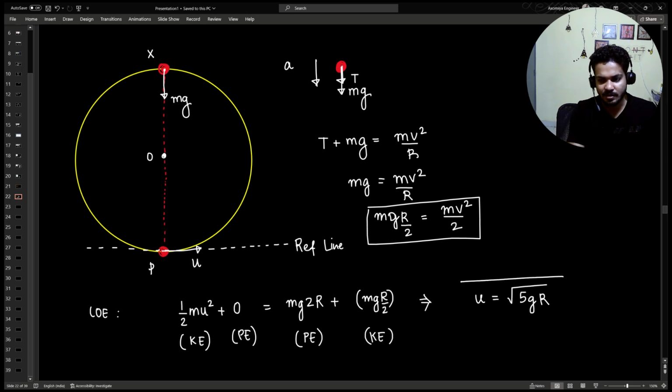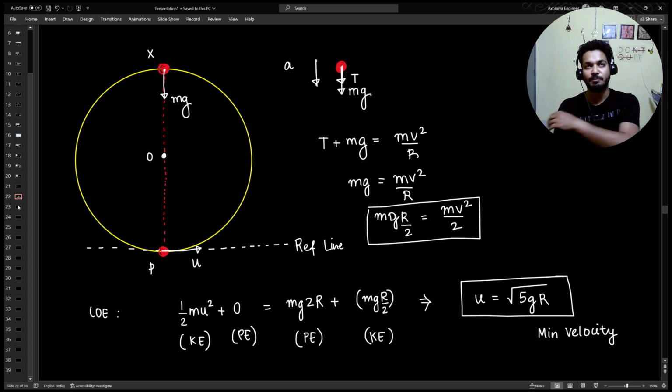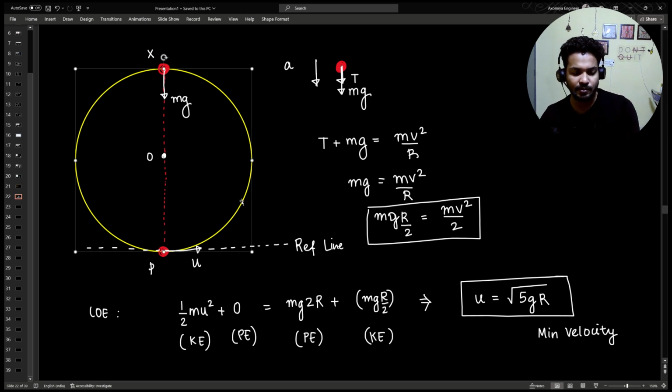People who are uncomfortable with vertical circular motion, this is that minimum velocity which you need to give a body at the bottommost location in order for it to be able to do one complete circular motion. There could be very many different questions based on this particular topic, so we have to be careful not to memorize.